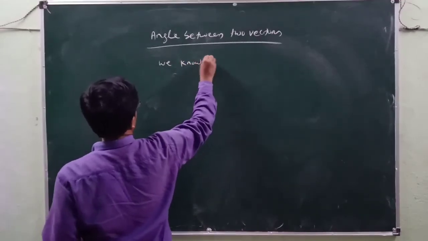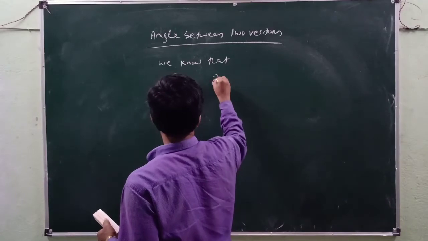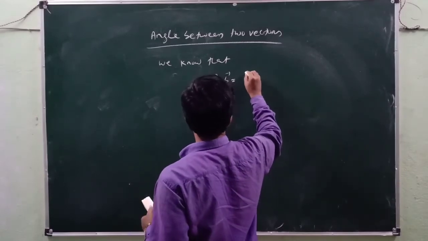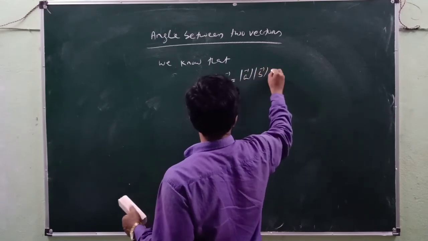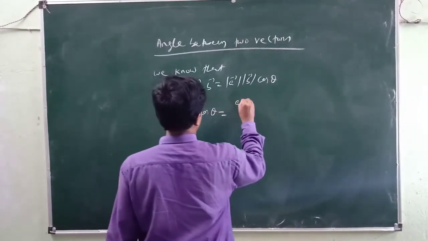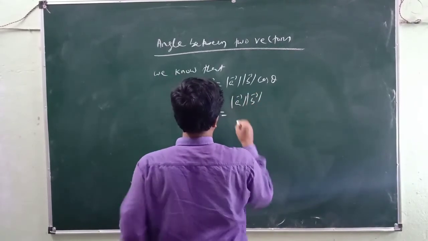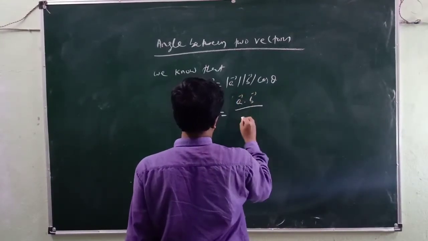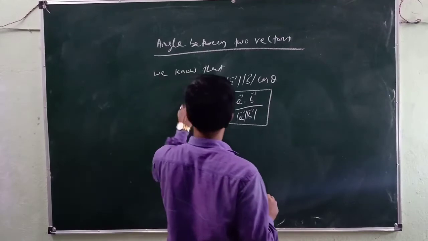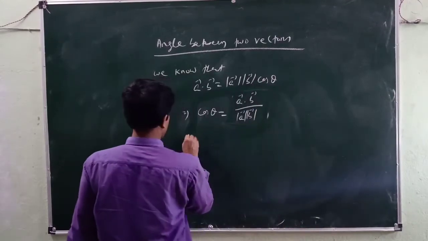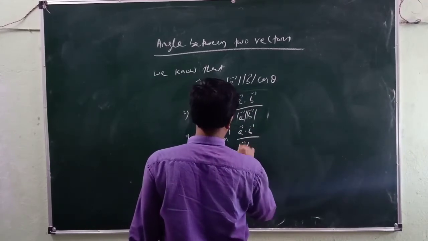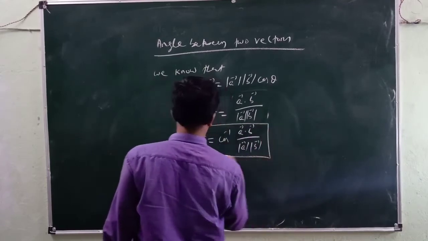We know that A vector dot B vector, that means the scalar product of vectors, equals A vector magnitude, B vector magnitude cos theta, that implies cos theta equals A vector dot B vector by A magnitude into B magnitude, or theta equals cos inverse of A vector dot B vector by A vector magnitude into B vector magnitude.